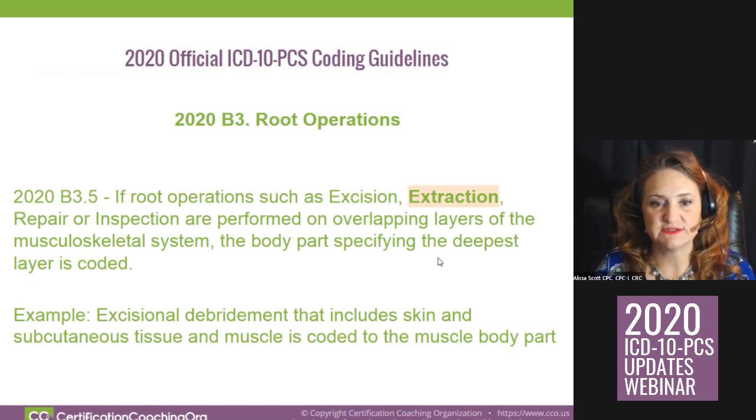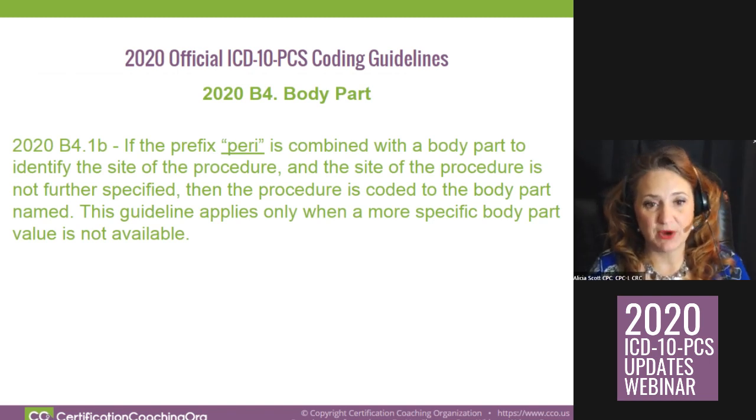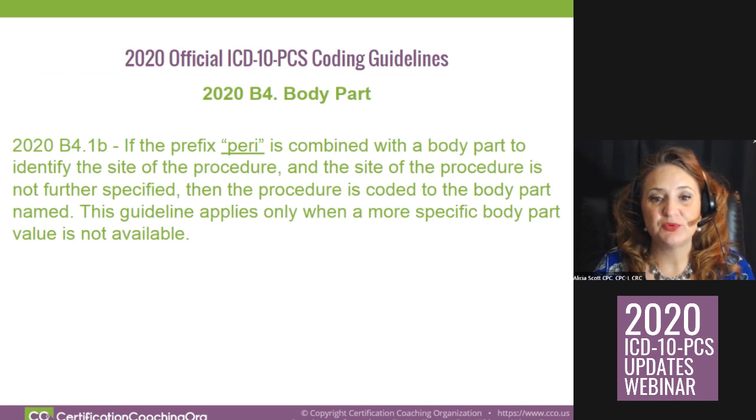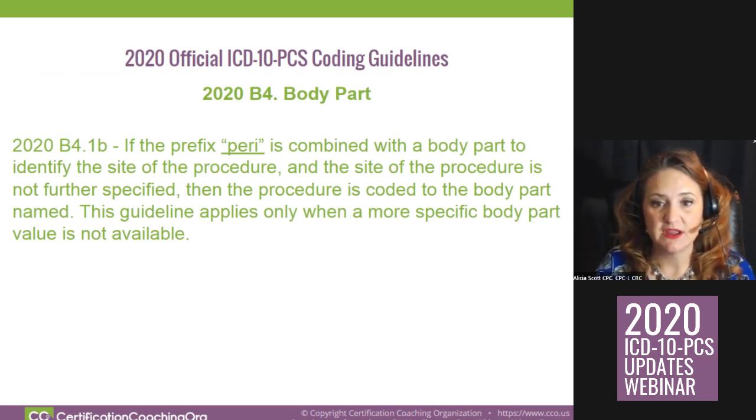They clarified that when we deal with a body part and you see the prefix peri, we all know that just means around, combined with a body part to identify the site of the procedure, then it's coded to the body part named. And this is going to allow more specificity if we don't have something specific in the PCS to deal with.